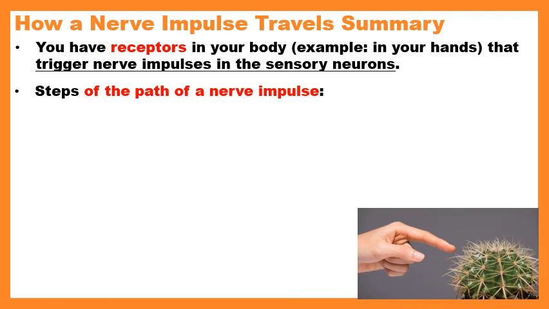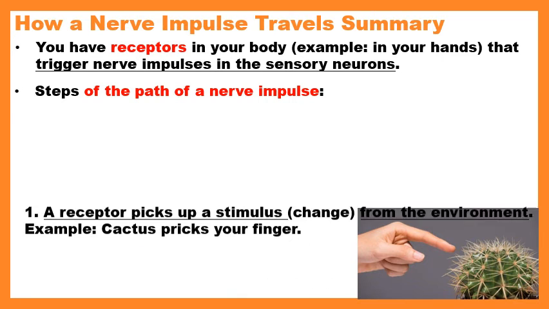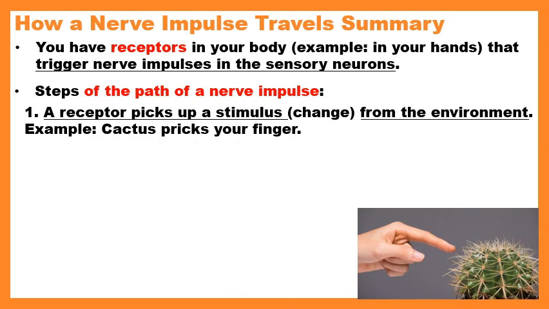So what's going to happen is you are going to complete the path of a nerve impulse. The first thing is the receptors in your hand pick up a stimulus, or change in your environment. In this example, a cactus will prick your finger, so that's not normal. You're not walking around getting your finger poked all the time.